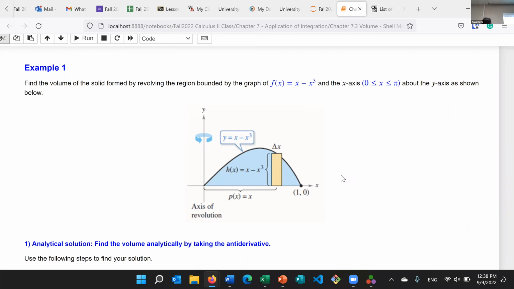Okay, this picture is incorrect. Why? This is 0 to where? Pi. Oh, the pi. The y value would be what? So this is pi, right? But it's incorrect. The picture is incorrect. This should be pi.